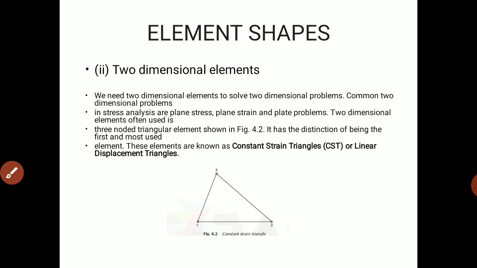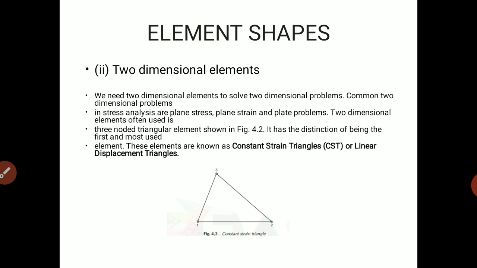Next are two dimensional elements. Here we need two dimensional elements to solve two-dimensional problems, obviously. Common two-dimensional problems in stress analysis are plane stress, plane strain, plane problems, and plate problems.